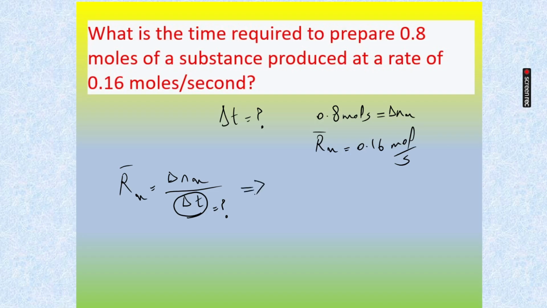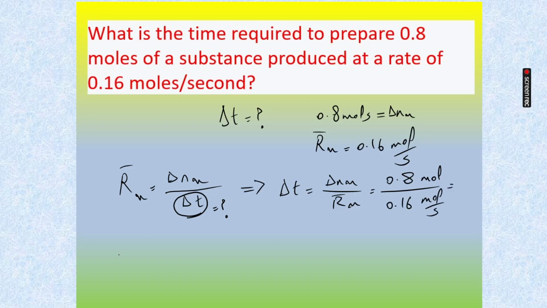So delta t is equal to delta nX over the rate of X. Delta nX should be 0.8 mole. The rate of the reaction should be 0.16 mole per second.